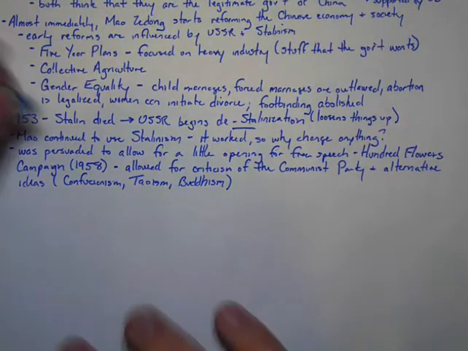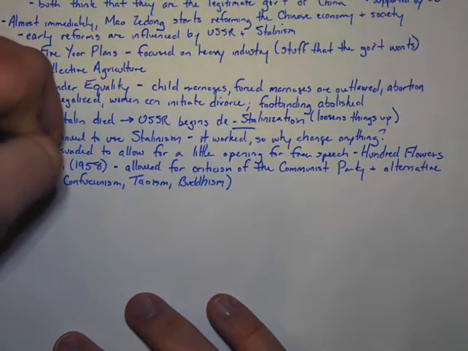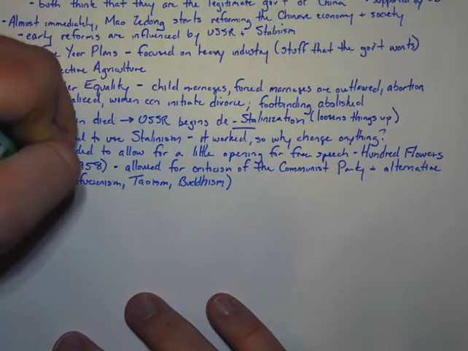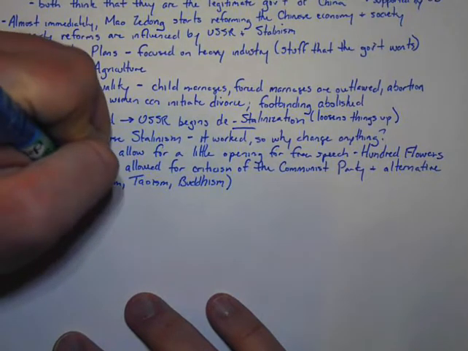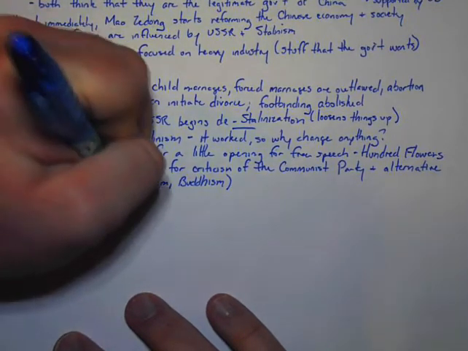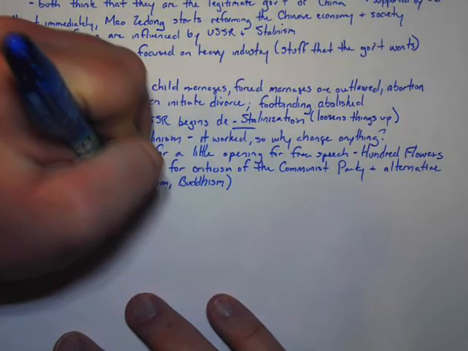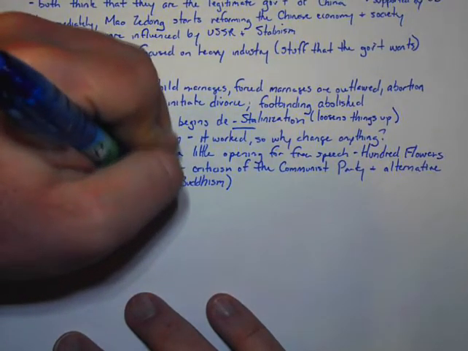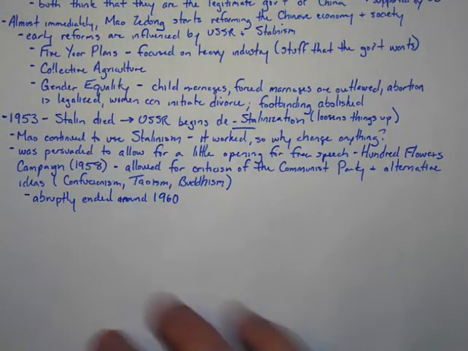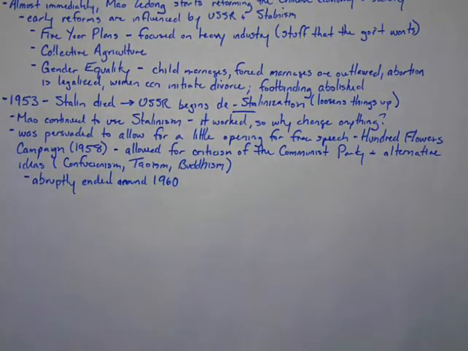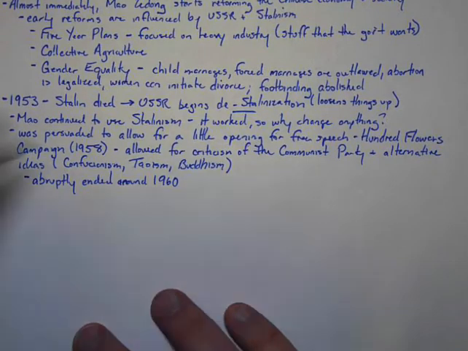Now, this abruptly ended around 1960. And it's unclear why it abruptly ended, but there are a number of theories, and if we put them together, we can kind of get a full picture of why this was ended.